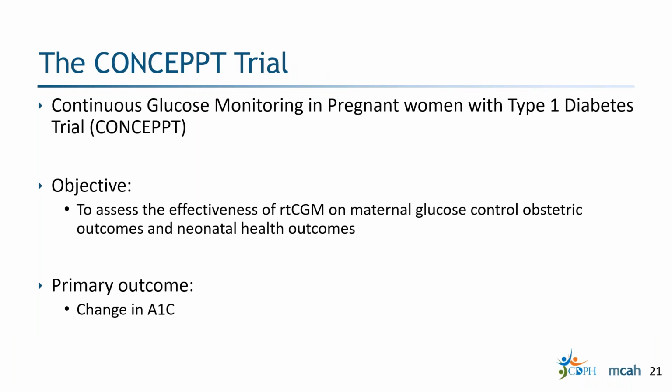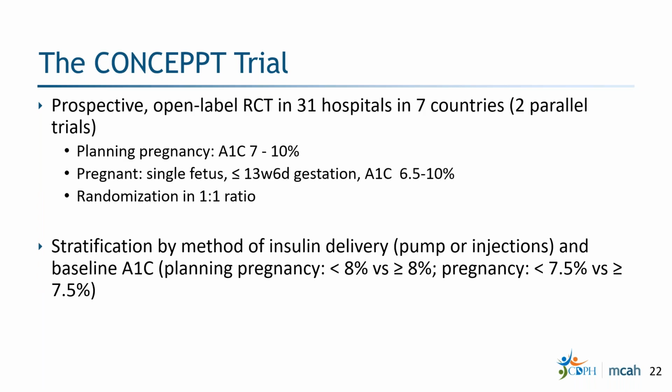CONCEPT stands for Continuous Glucose Monitoring in Pregnant Women with Type 1 Diabetes, and their objective was to assess the effectiveness of real-time CGM on maternal glucose control, obstetric outcomes, and neonatal health outcomes. Their primary outcome was actually change in A1C. This was a very large prospective open label RCT that occurred in 31 hospitals in 7 countries, so this is pretty robust for a pregnancy trial.